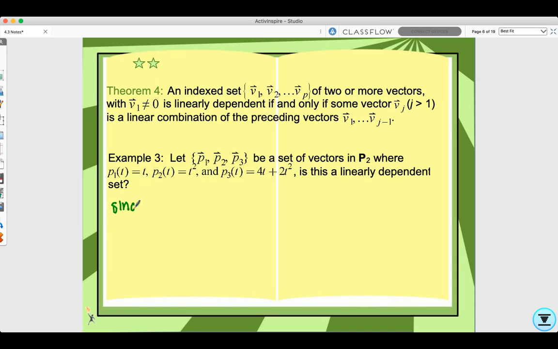Since p3(t) equals 4p1 plus 2p2, p1, p2, and p3 is a linearly dependent set.